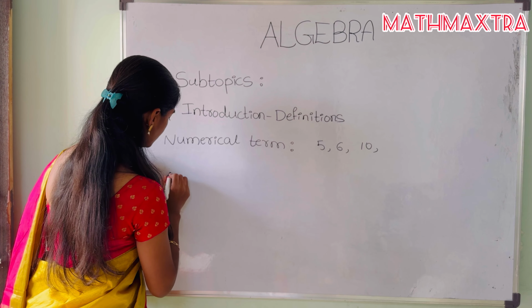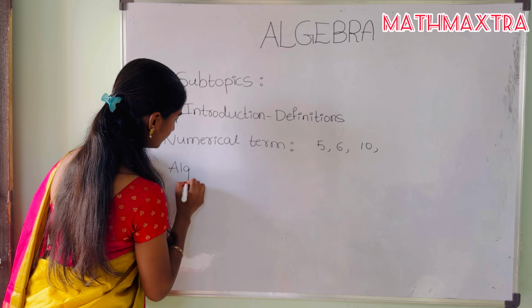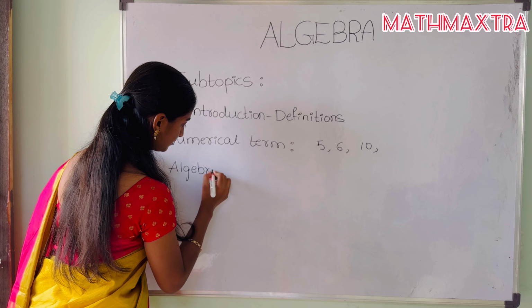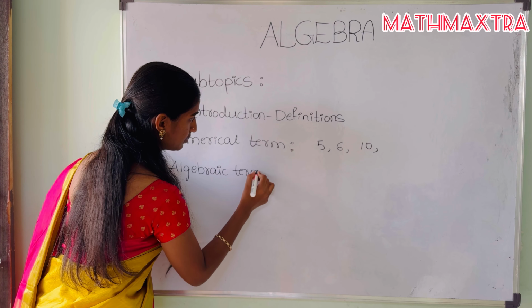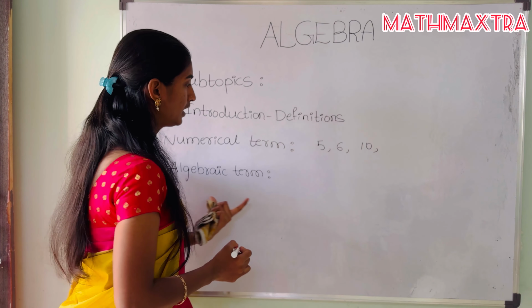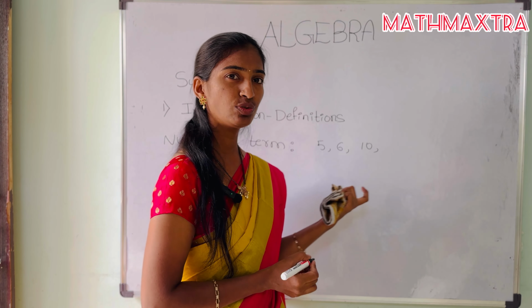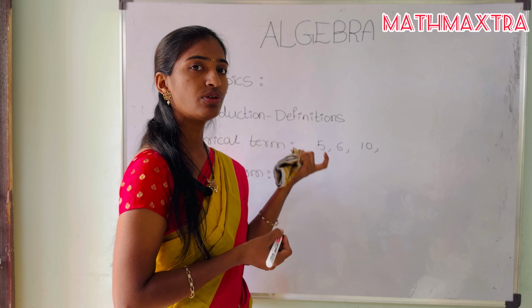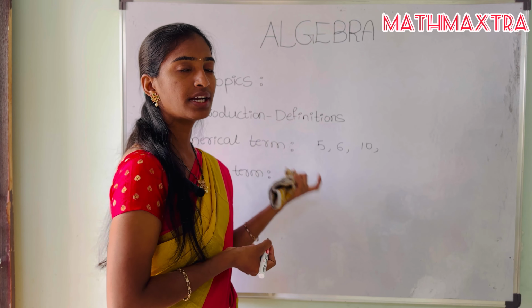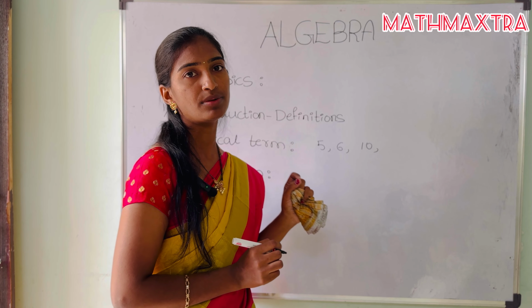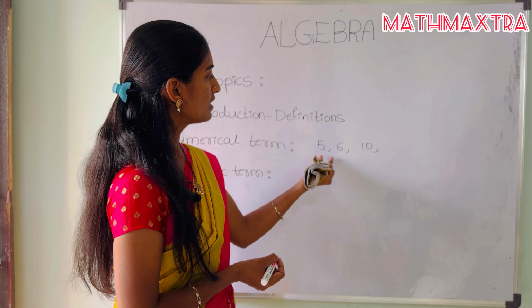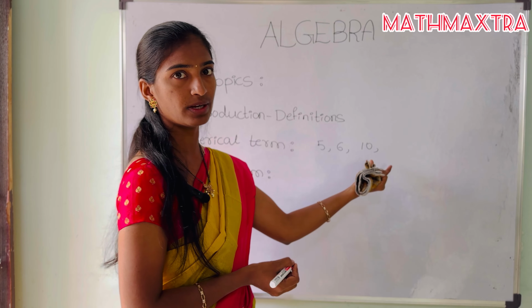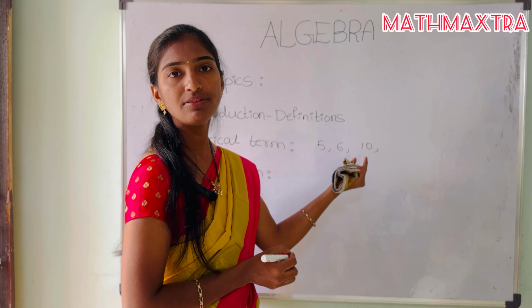Our next definition is algebraic term. What is an algebraic term? First, it should be a term. Okay, so the term which contains at least one variable. See, in the previous definition, we considered all constants only, not even a single variable.